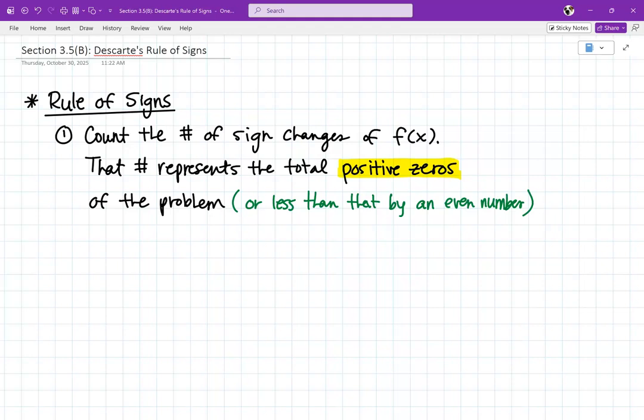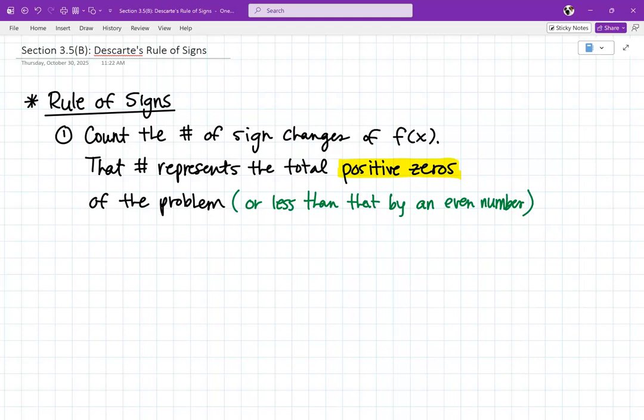Okay, it's the easiest way to do this. So there's 2 things you're going to have to do. First, you're going to count the number of sign changes of f of x. However many that is. If there was 3, great, there's 3. That number is going to represent the total positive zeros. So if, like I said, it was 3, then there's 3 positive zeros.